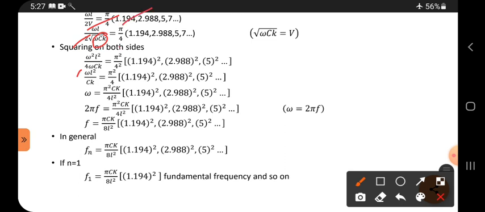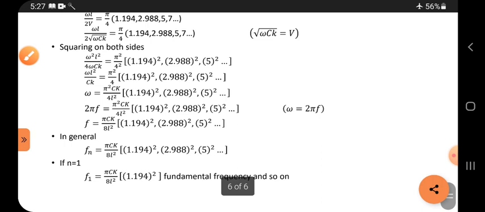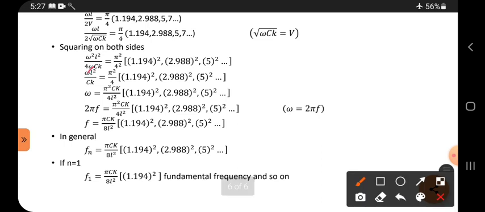Here pi square by 4 square, and all factors are squared. Now for omega square, one omega will be there, 4 and 4 will get cancelled, and now remaining we get omega L square by ck.